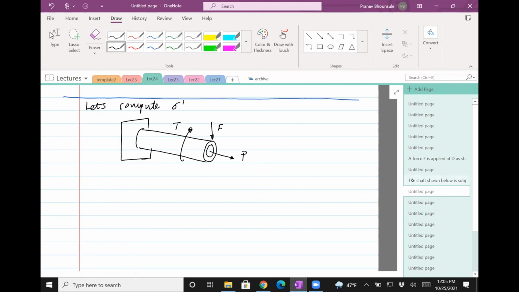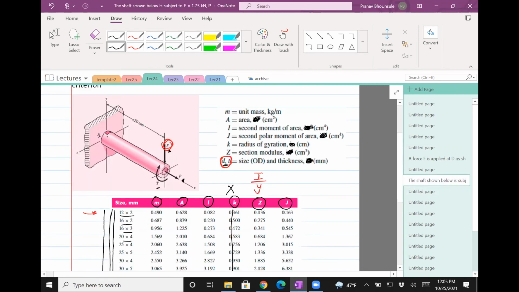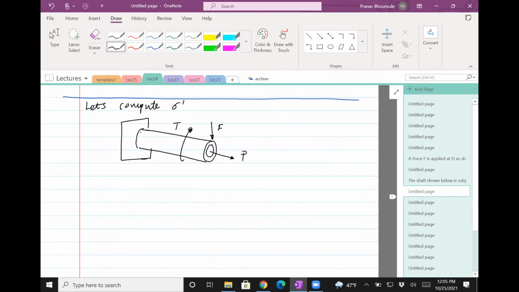And then the critical section here is A. So right there. So if you draw A, and then the convention here is the x-axis is this way, the y-axis is upwards, and the z-axis is this way.